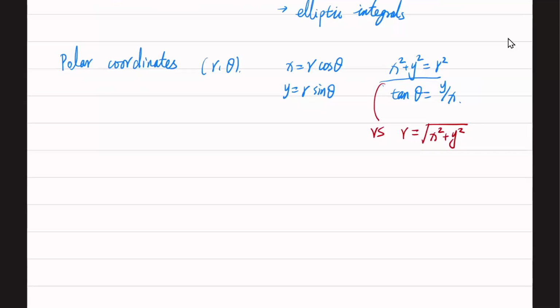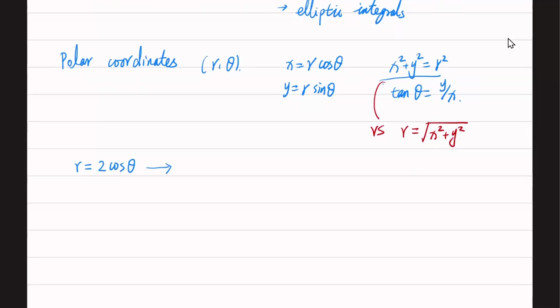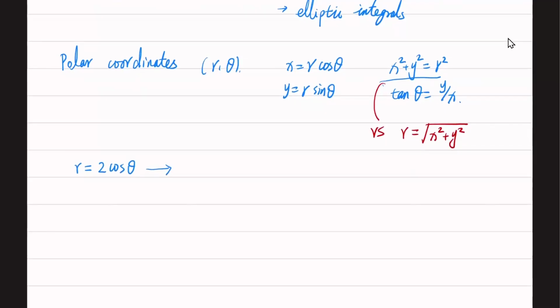Let's see some curves. Okay, let's see this curve. r is cosine 2 theta. We can convert this to x and y.